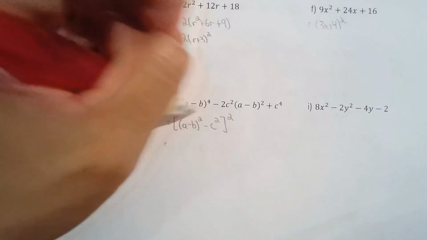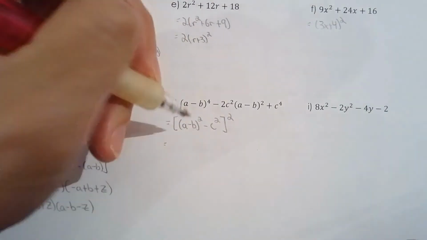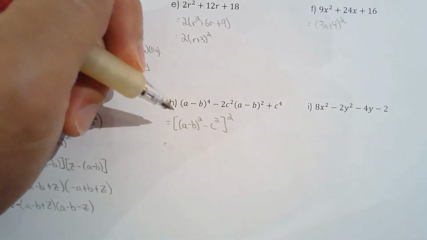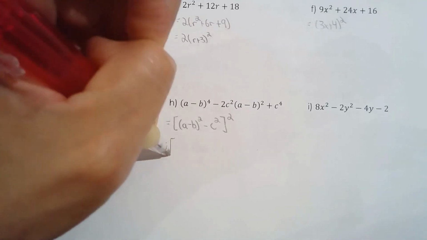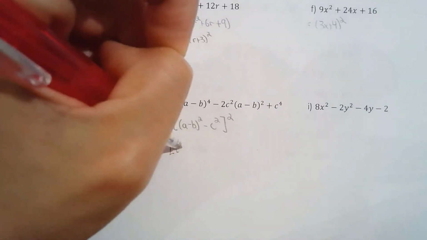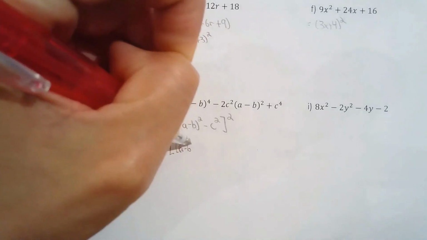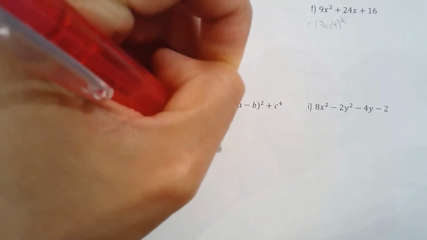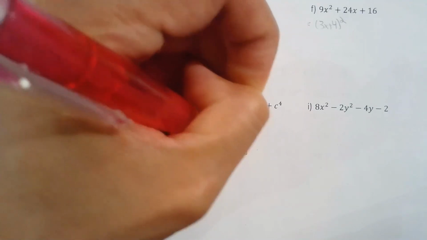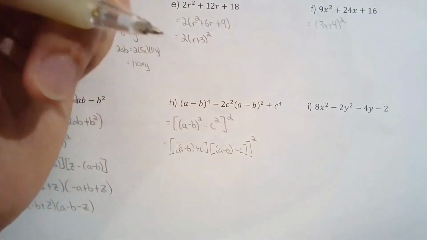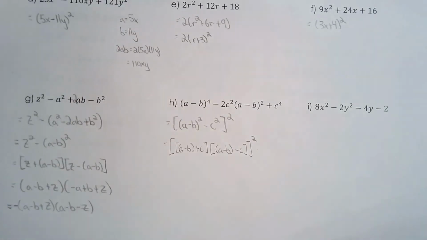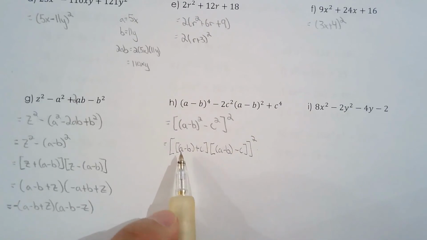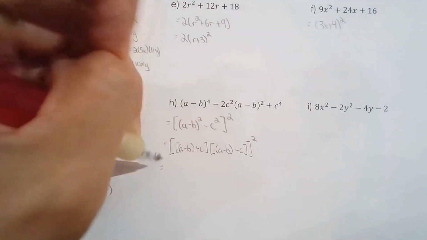Now I'm going to clean that up. Oh, wait a second. What do you have here? You have another difference of squares. This is beautiful. What's being squared is a difference of squares, so it's all of this being squared.